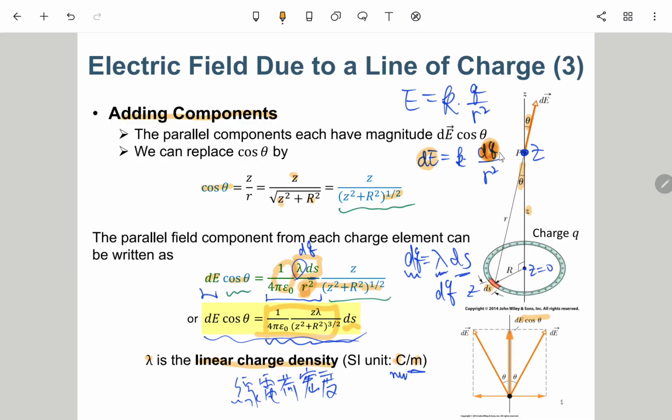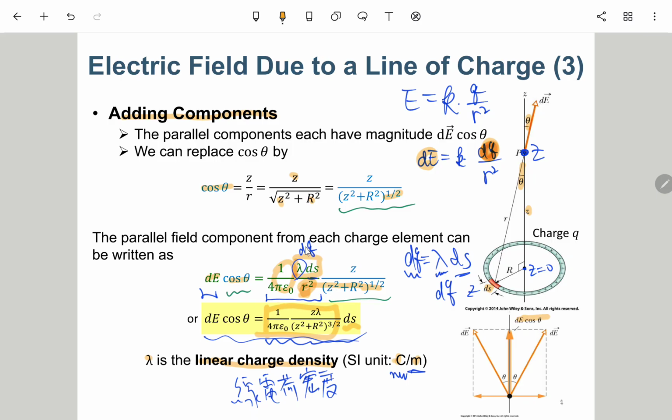So this expression is okay. k is a constant, and r is the distance between them. So we only have dq here. dq over r squared times k will be the dE. The dE is generated by this dq.